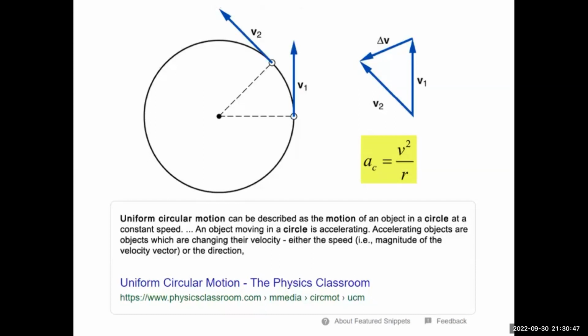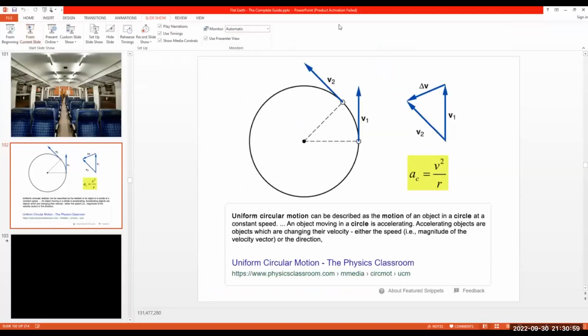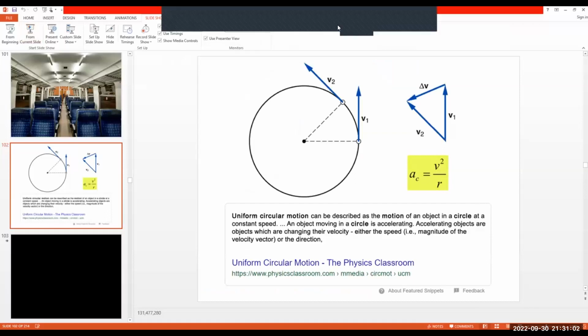Right. I agree with it. Thank you. But that doesn't mean anything. So let's move on. It does. It means that we would feel acceleration standing on a spinning object like the Earth.